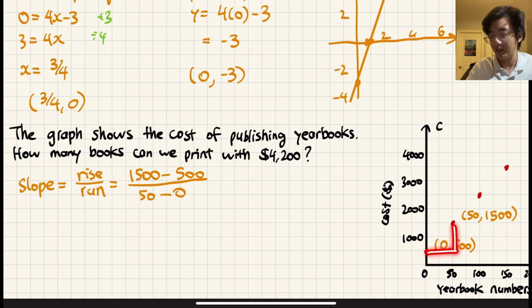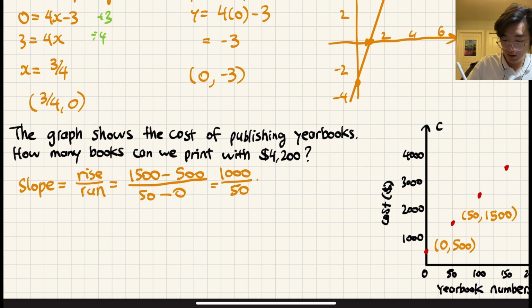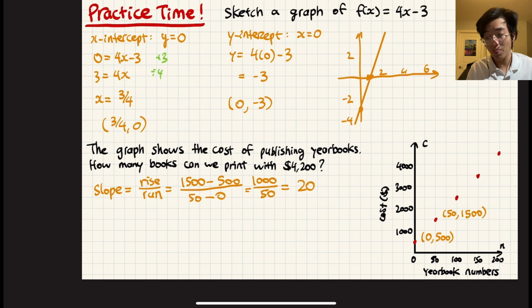So the rise is 1,500 minus 500, and the run is 50 minus 0. That is 1,000 over 50, which is 20. So that's our slope, 20.